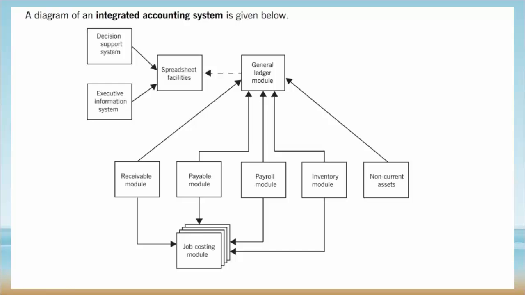Return to the lower center and focus on the job costing module. This module does not replace the general ledger. It sits alongside it to answer a different question. How profitable is each job or project? It collects revenue from the receivable module when project invoices are raised, collects labor from payroll, collects materials from inventory, and collects subcontractor or service costs from payables.